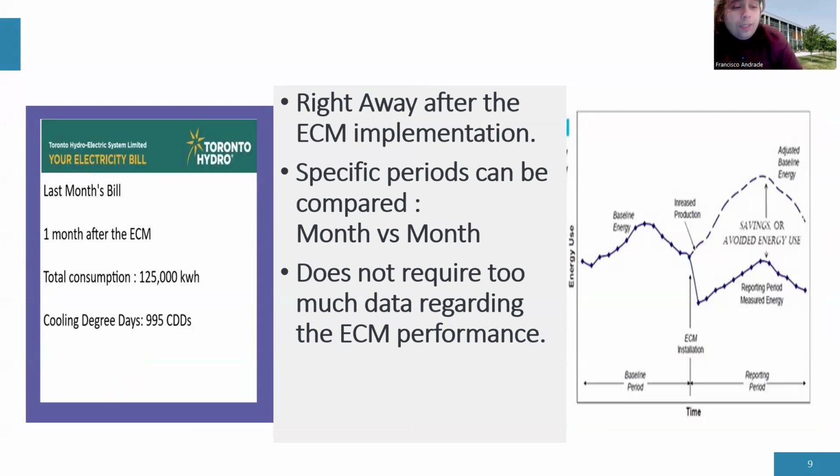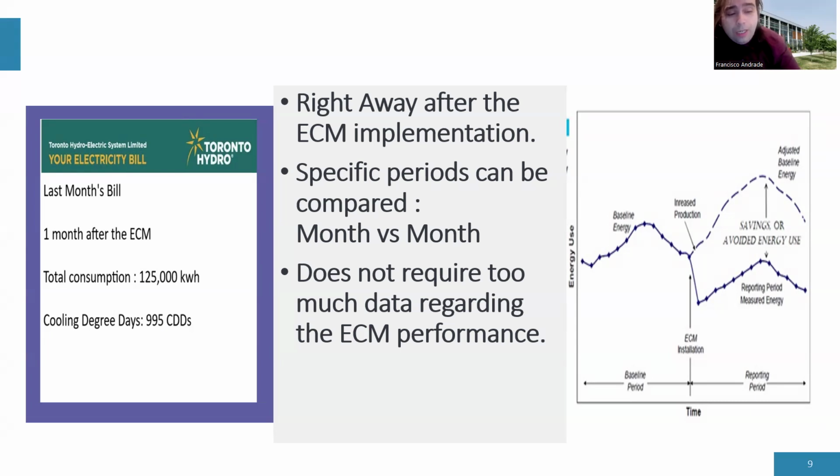Here's an example. If we installed an energy conservation measure a month ago, we're looking at the effects it had on the bill. We're going to know how many cooling degree days or heating degree days we had by a temperature calculation, and our consumption will be directly on our bill. So we have enough data to insert in our base linear regression, y equals mx plus b.